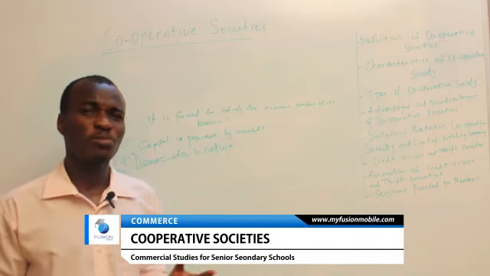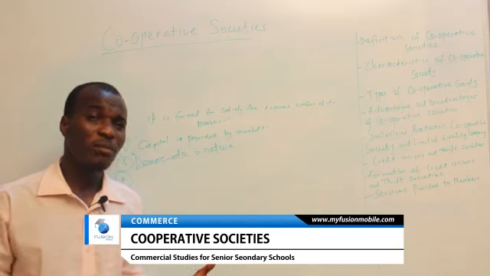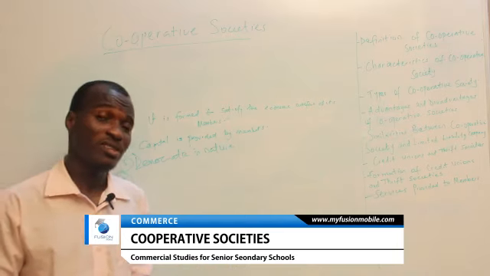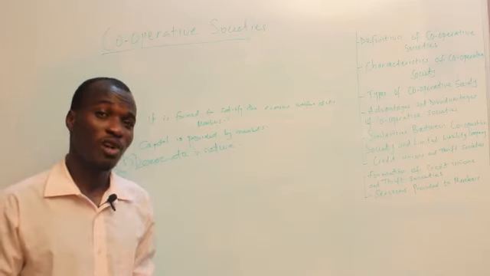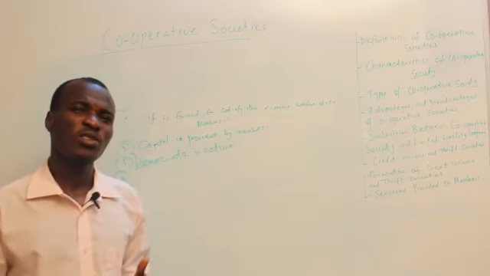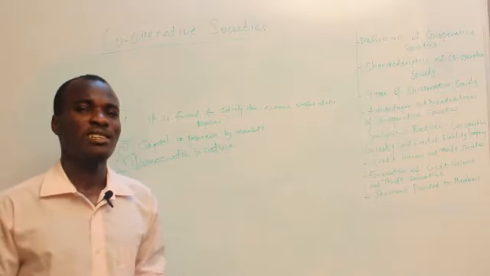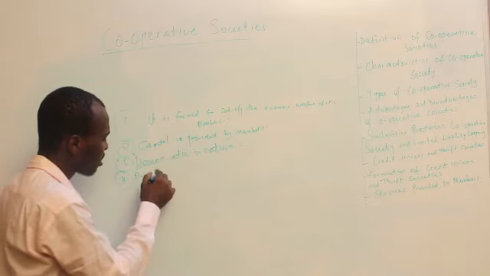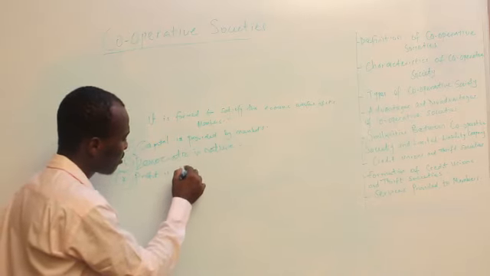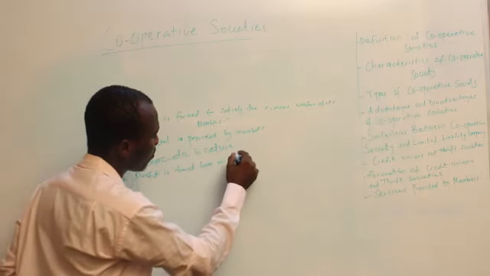That will determine the amount of profit or dividend to be given to any of the members. So it's not based on the number of shares held by any of the members. It's based on how the members patronize the organization. So profit is shared based on patronage.